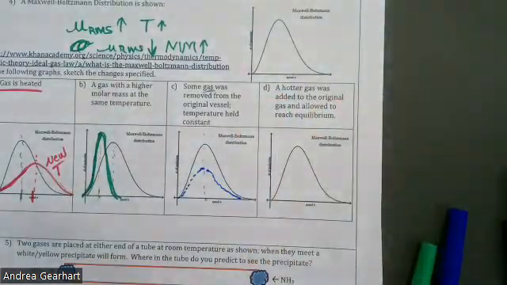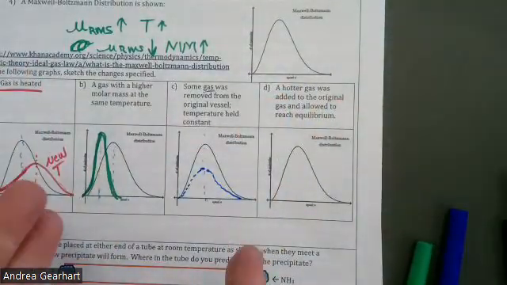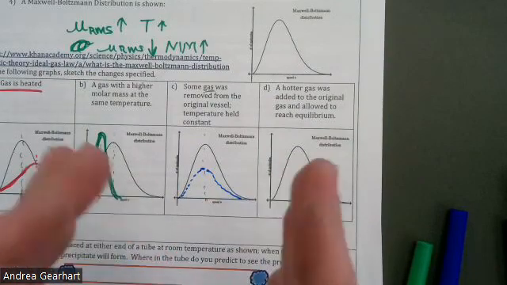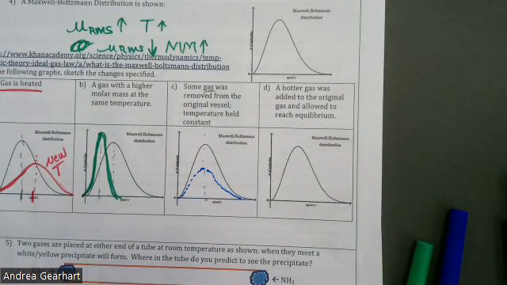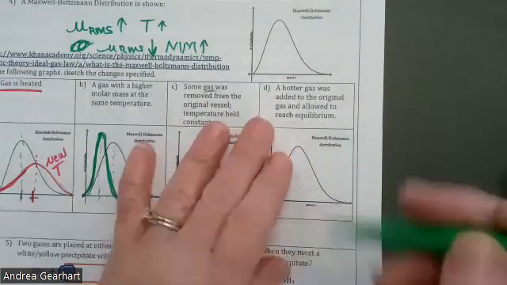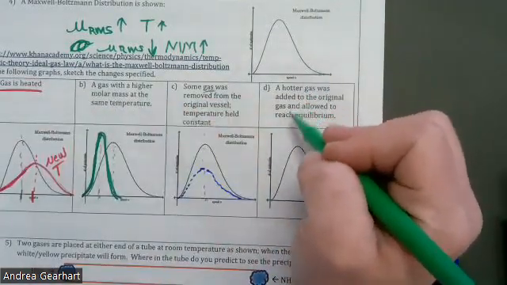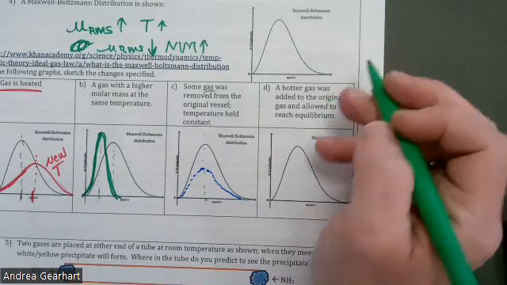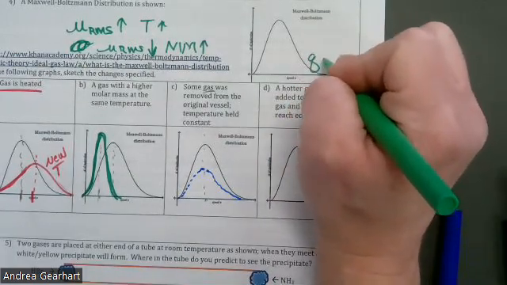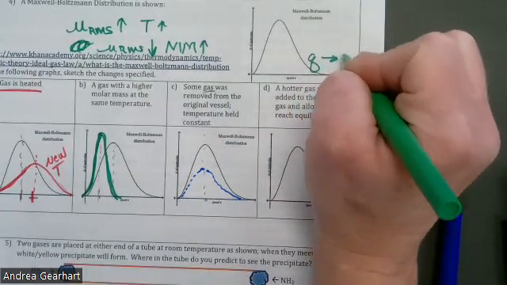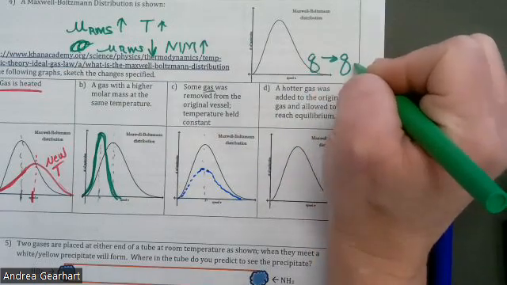So a higher temperature gas was added to the original gas, allowed to reach equilibrium. All right. So we know when two samples of matter are put into contact and they're at different temperatures, heat will flow from the higher temperature to the lower temperature.